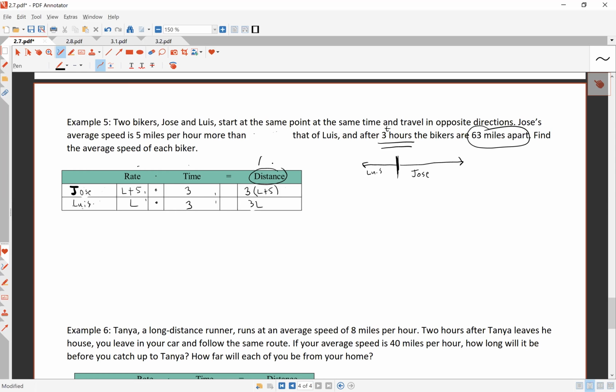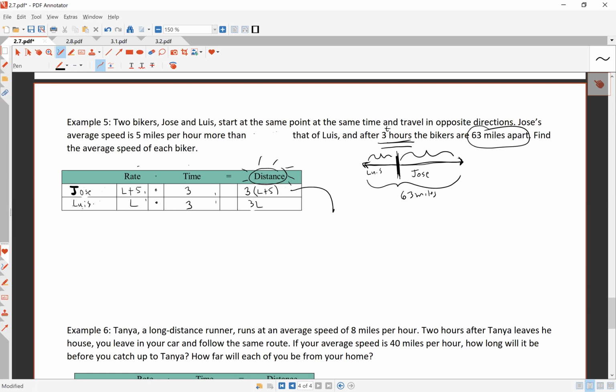Now, remember, these are distances. And when they traveled, one went one way and the other went the other way, but after 3 hours, the distances together add up to 63 miles apart. So Jose's distance plus Luis's distance is 63 miles.